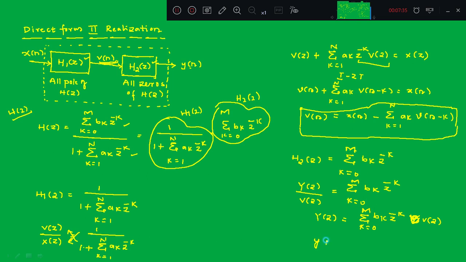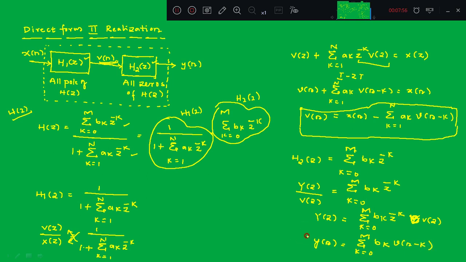What will you get? Y of n is equal to summation k equals 0 to m, sorry, not m, yes, it is m, of bk, and the inverse Z transform of this is P of n minus k.